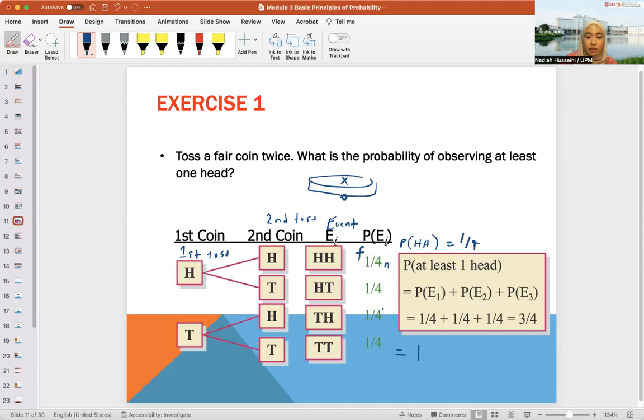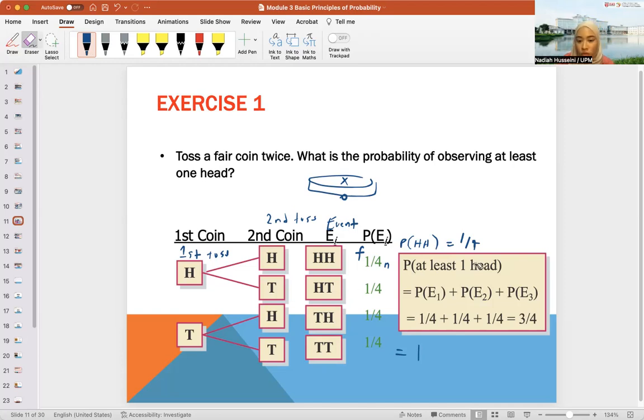But here we're specifically talking about the first toss versus the second toss, and they put it in this order. So here the order is important. Therefore, you can't group these two things together. But of course, there are cases where you don't really care about the order and you can group them together. So HT plus TH will become 2/4.